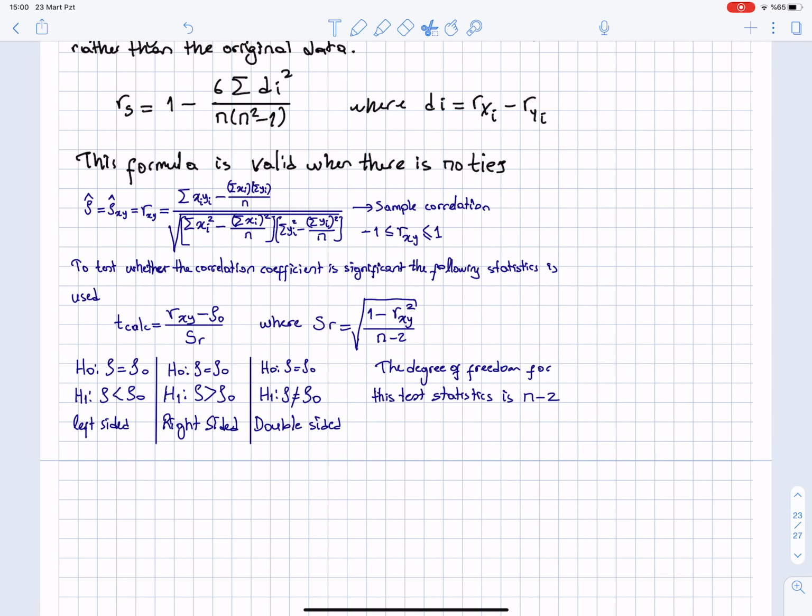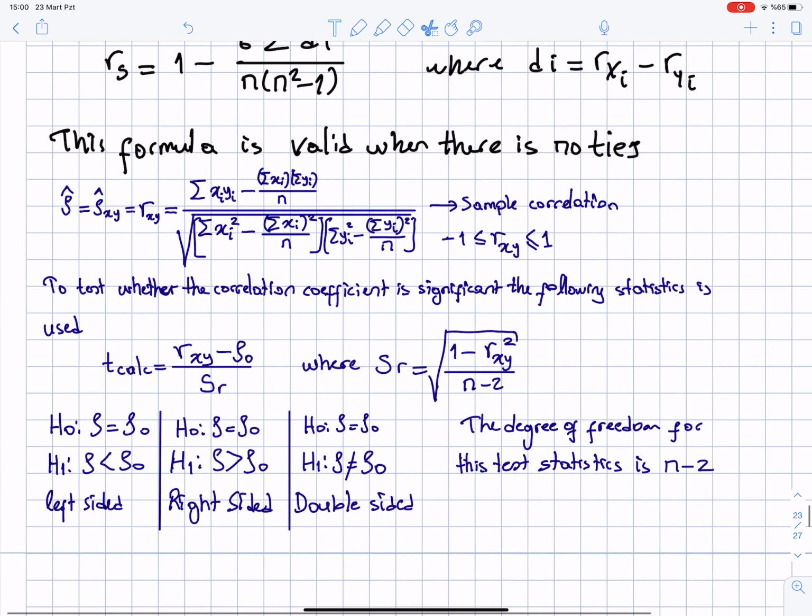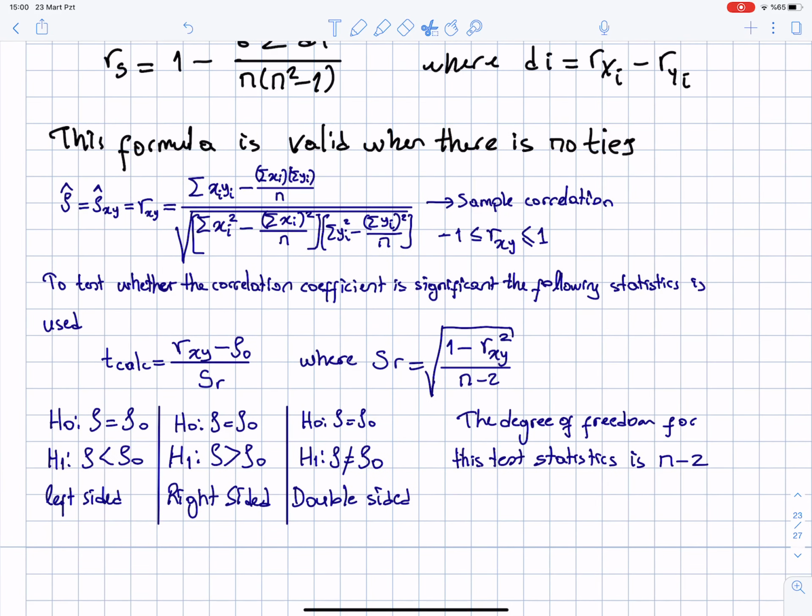Once you complete the ranking, use the Pearson correlation coefficient.